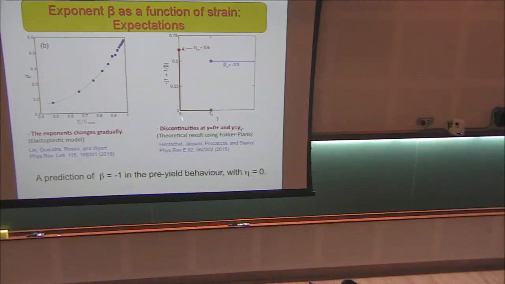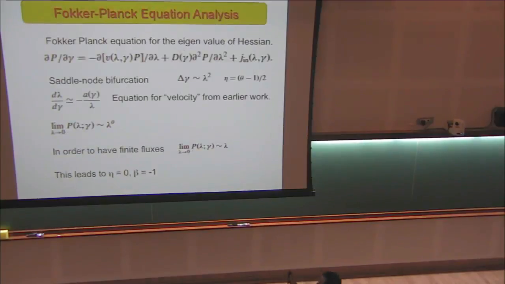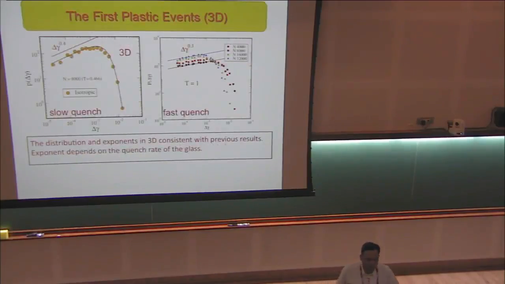And there are 3 distinct regimes: the initial virgin samples, then the strained samples before the yield, and then the behavior beyond the yield. I will not go through this, just a sketch of how that expectation is developed.